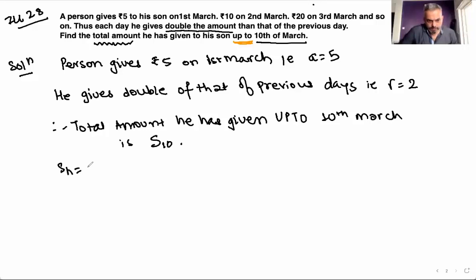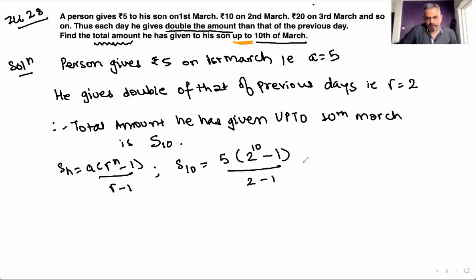Sn is equal to A into R raised to n minus 1 upon R minus 1. S10 is equal to A is 5, R is 2, n is 10, 2 raised to 10 minus 1 upon 2 minus 1, which is equal to 5 into 2 raised to 10.